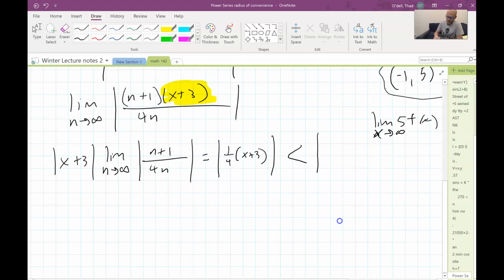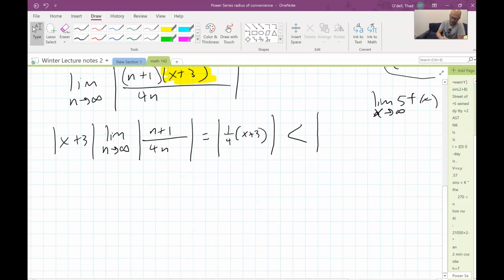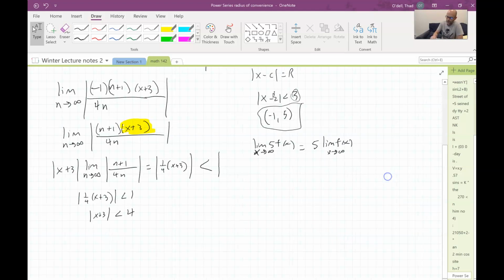So now we're going to use some algebra. If I have the absolute value of 1/4 times x plus 3 less than 1, I can multiply both sides by 4. That's not a problem with absolute value. So then I'd be left with the absolute value of x plus 3 is less than 4. Now, this looks familiar to something we've seen before, isn't it?